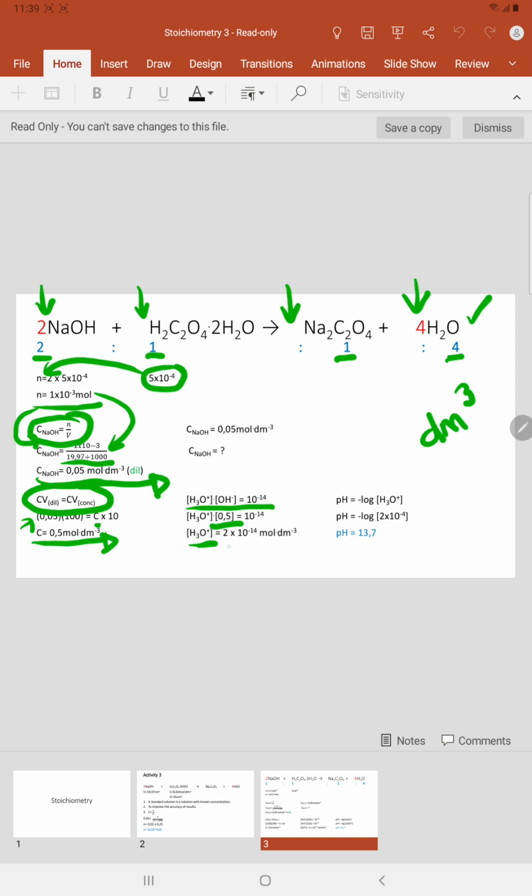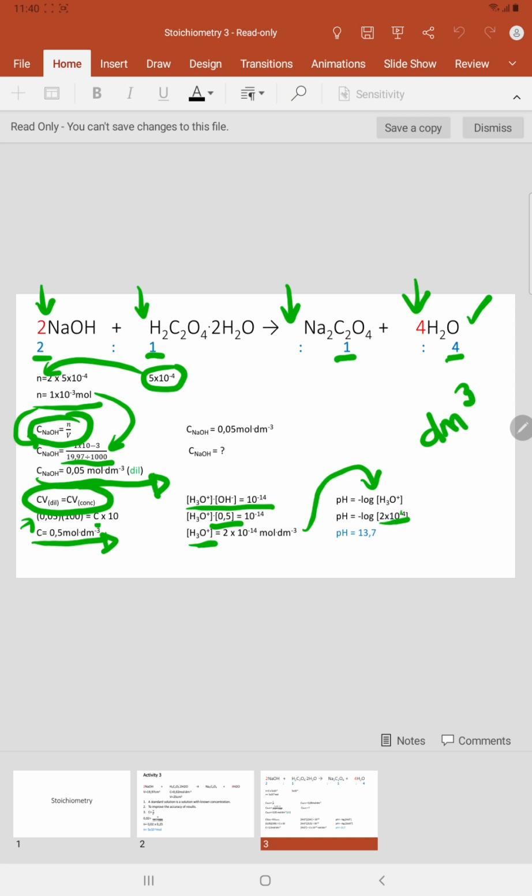This gives us a concentration of 2 times 10 to the minus 14. We can now solve for the pH. pH is equal to minus the log of the hydronium ion, and that is 2 times 10 to the minus 14. And then your pH is 13.7.